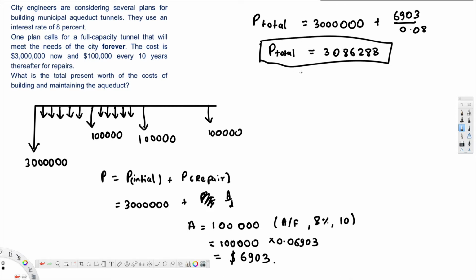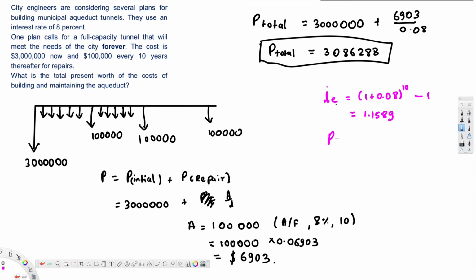Okay, and there's another method you can use to do that. First you can calculate i_e. Let's use a different color for that. You can calculate i_e using this formula: 1 plus the percentage, that is 0.08, to the power of 10, because every 10 years we have this cost, so minus 1, and that will give us 1.1589.